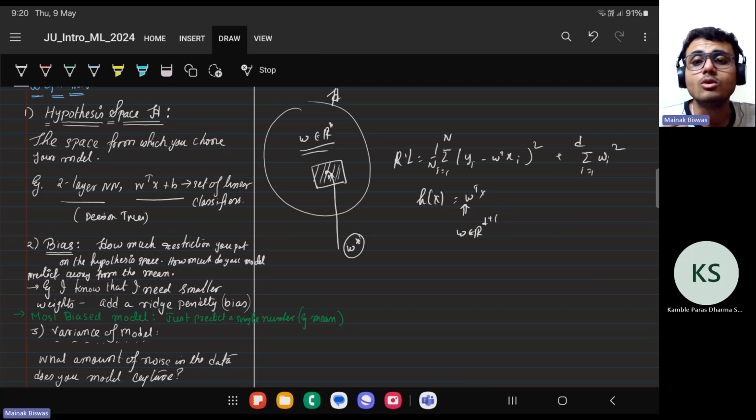Okay, but now if you want to put a high bias into your model, what you can do is put a lambda value greater than 0. So what does it do?